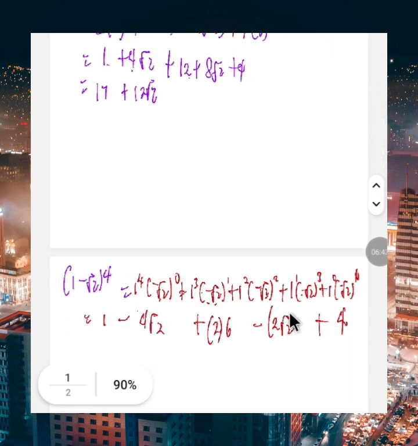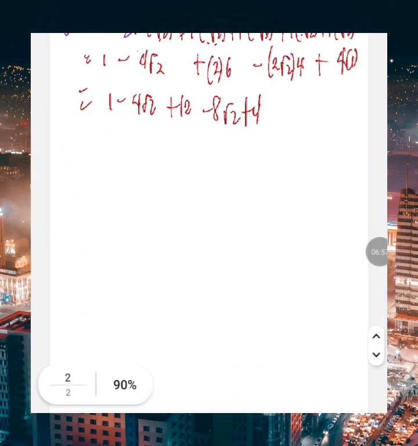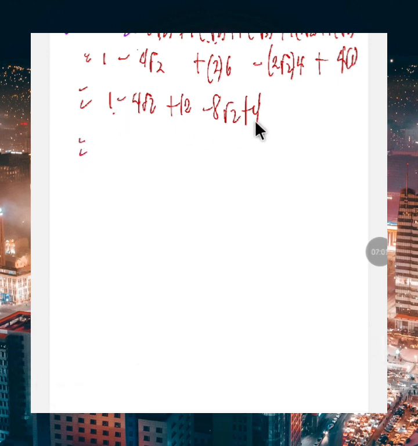And then the next one is 1, multiply this by 1. So this will be equal to 1 minus 4 root 2 plus 12 minus 8 root 2 plus 4. So let's collect like terms. If we do that, 1 plus 12 is 13 plus 4, we have 17, minus 4 root 2 minus 8 root 2 gives us minus 12 root 2.